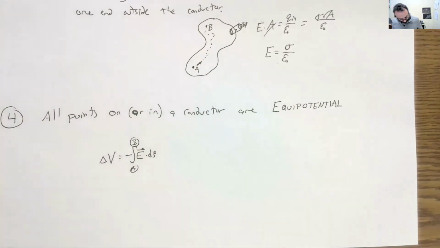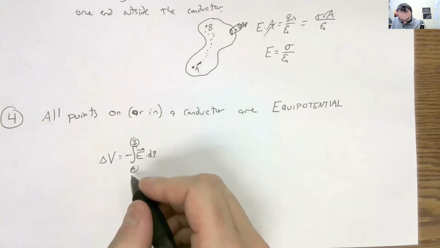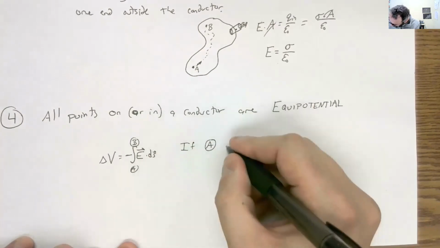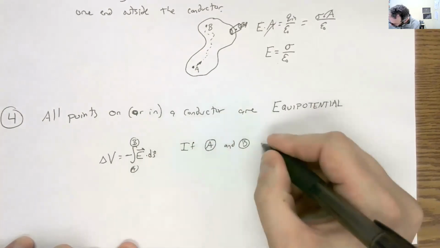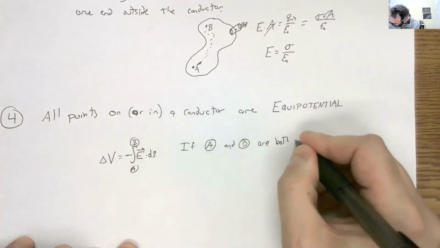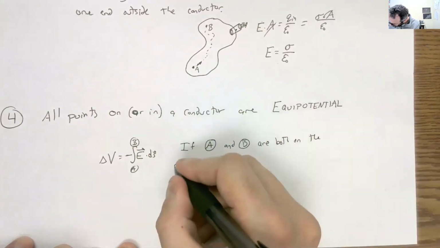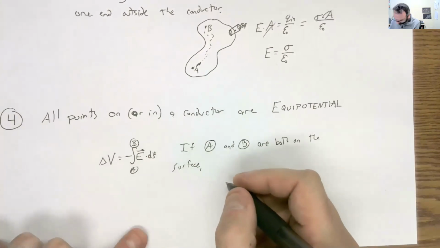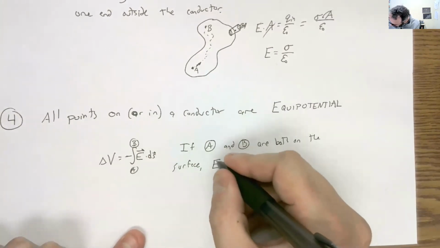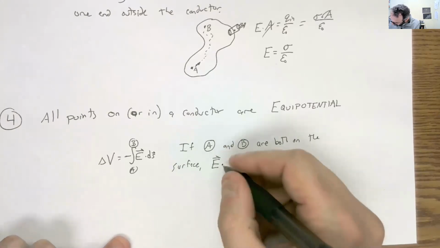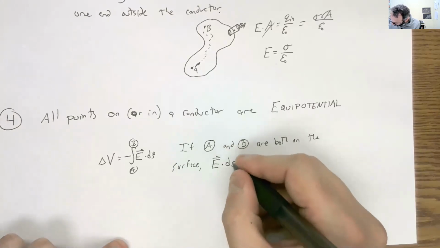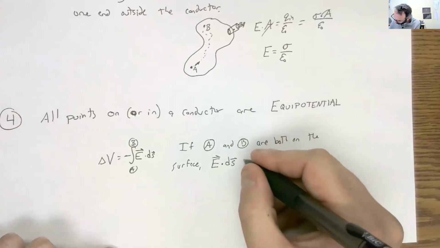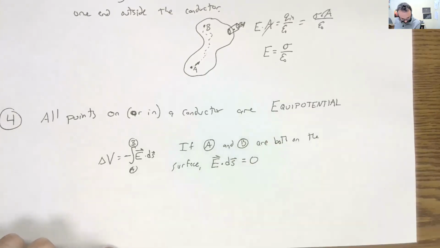But what we can say is that if A and B are both points on the surface, then at every point that we do the E dot ds, it is going to be 0, right?